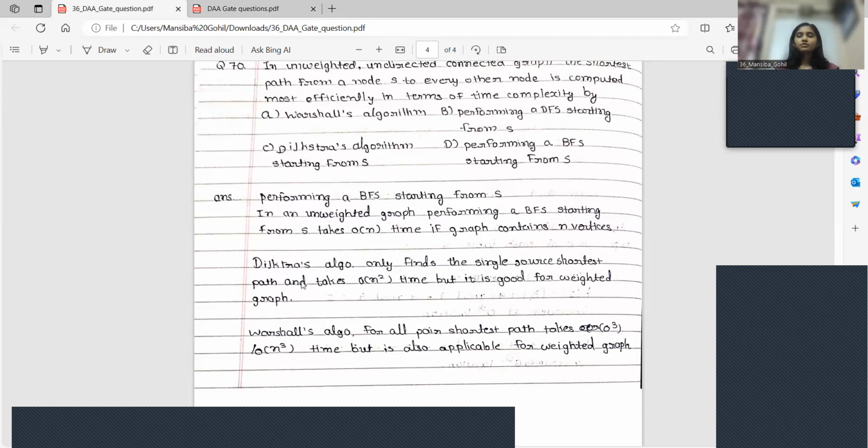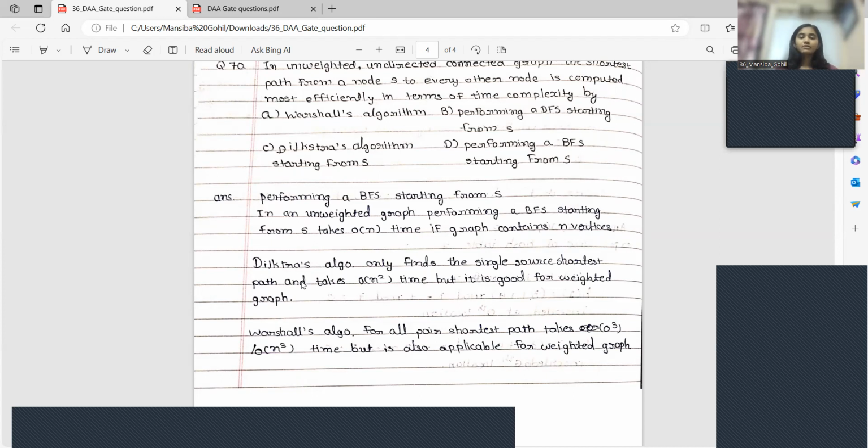But it is good if we are talking about weighted graphs. Floyd Warshall's algorithm for all pairs finds the shortest path, again same as Dijkstra's algorithm, and it has the time complexity of O of n raised to 3. So again same thing, it would be good if it's a weighted graph.